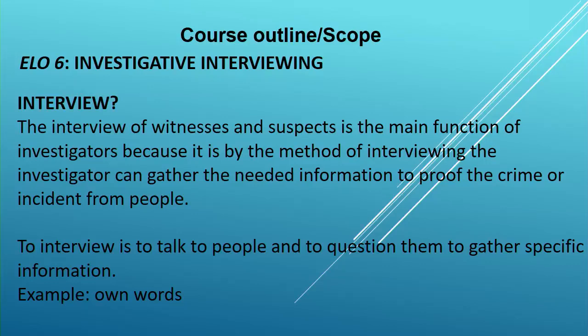The interviewing of witnesses and suspects is the main function of investigators, because it is by the method of interviewing that the investigators can gather the needed information from people to prove the crime or incident. To interview is to talk to people and to question them to gather specific information, for example, in their own words.